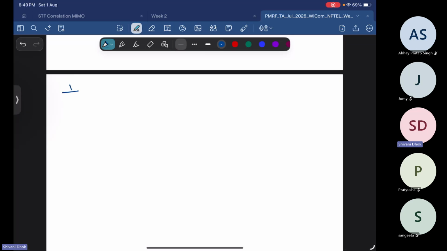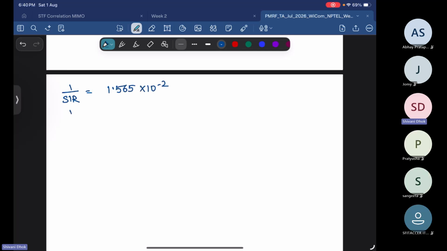We have 1 by signal to interference ratio as 1.565 into 10 raised to minus 2. 1 by SNR is 2.1397 into 10 raised to minus 5.